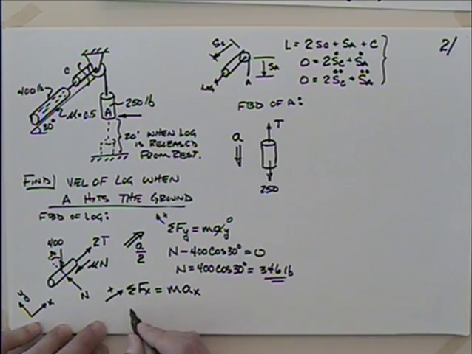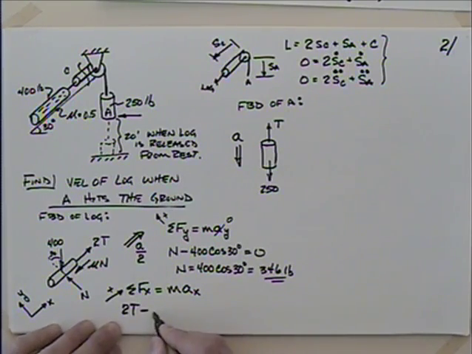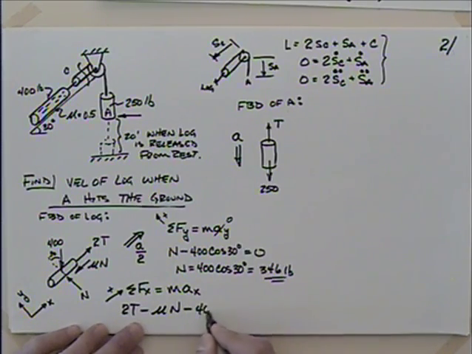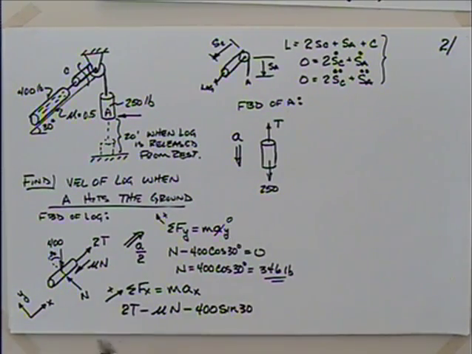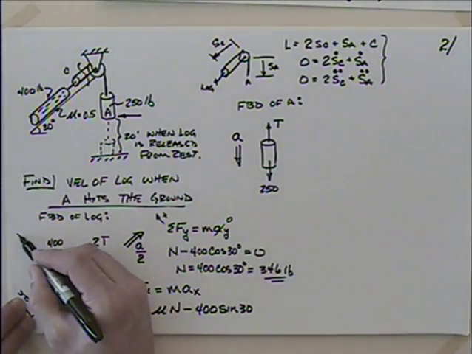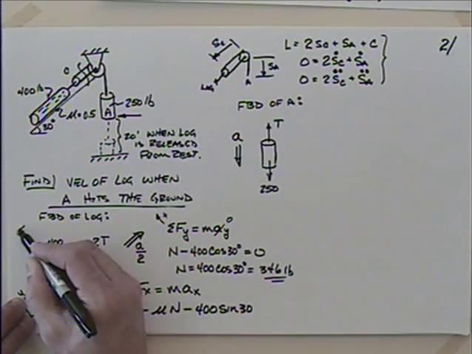And I have 2t, that's going up the ramp, minus mu times n, that's going down the ramp, minus 400 times the sine of 30 degrees. Okay, that's the component of that weight down the ramp. If we look at that weight, it has two components, that one there and that one there, doesn't it?